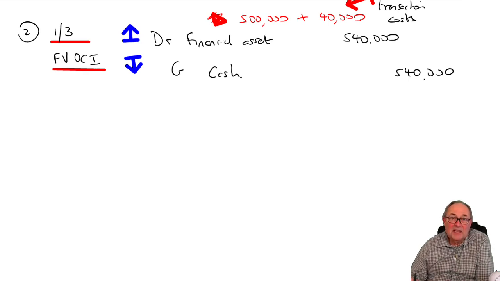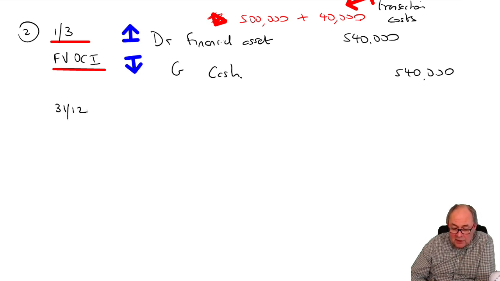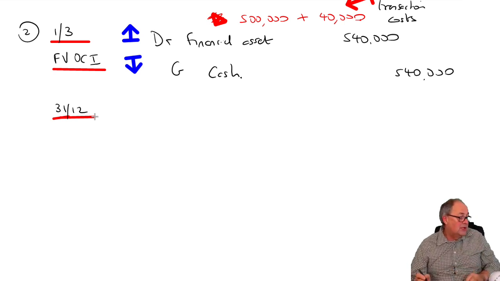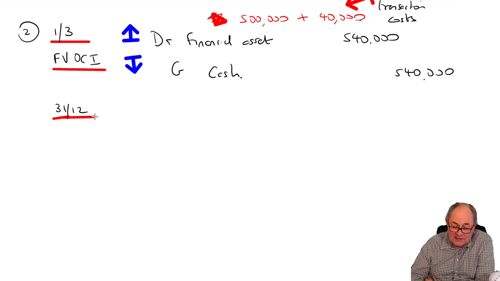The next thing that happens is on the 31st of December, when these assets are revalued. So when they are revalued, the financial asset will change and the other side will go into OCI. Let's have a look what's happened here.